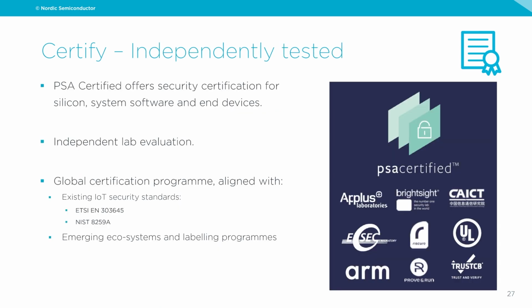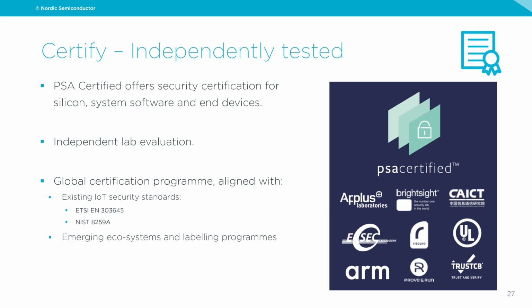So to summarize on the certification piece here, as we discussed, there's a PSA certified security certification for silicon, and then on top system software and end devices. And the two key takeaways here is that this is independently evaluated through independent labs. And then the other one is that it's a global certification program.